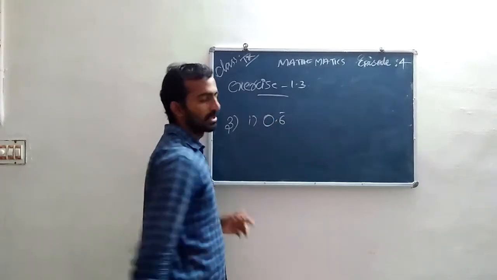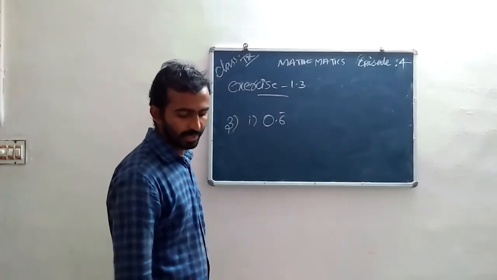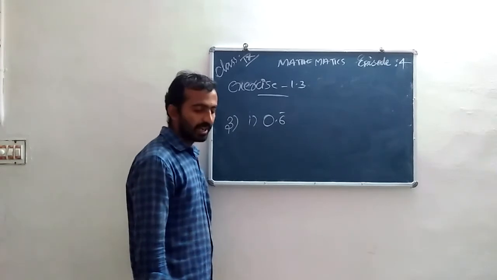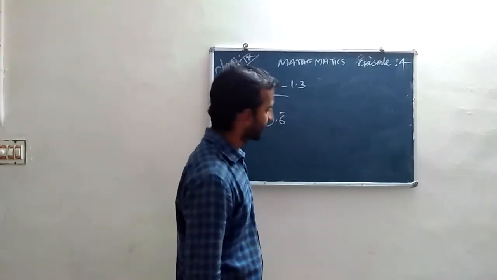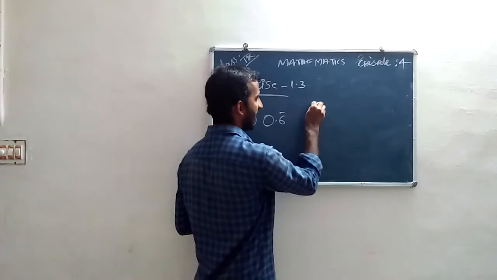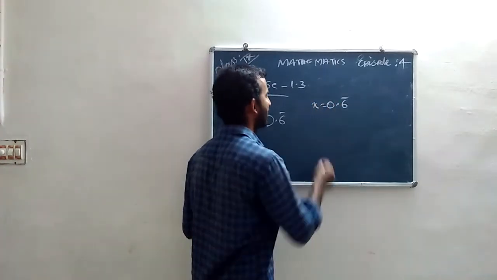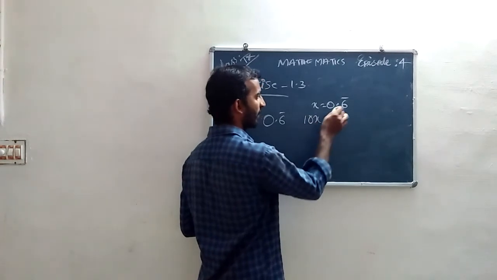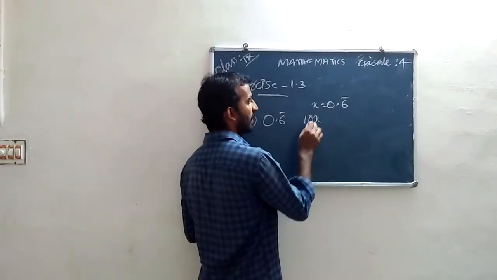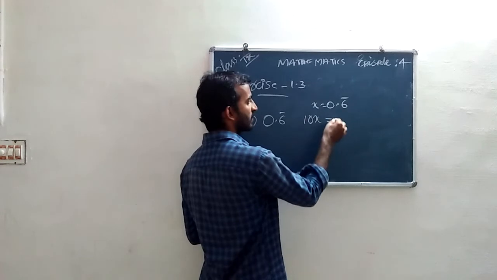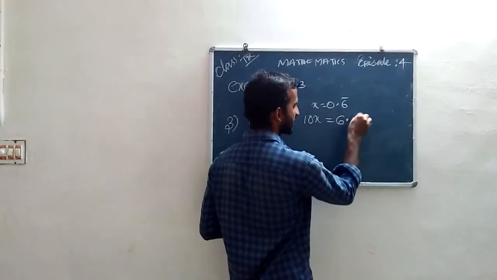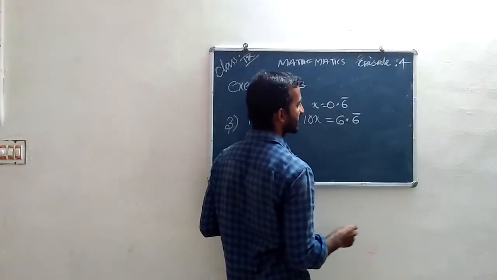0.6 bar. Let x equal to 0.6 bar. Then 10x equal to... here one digit is repeating, so we are multiplying by 10, so we get 6.6 bar.